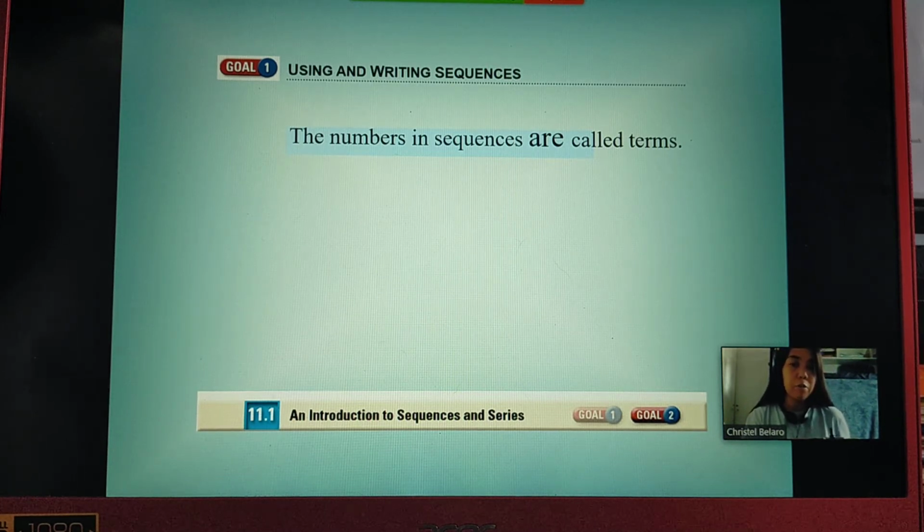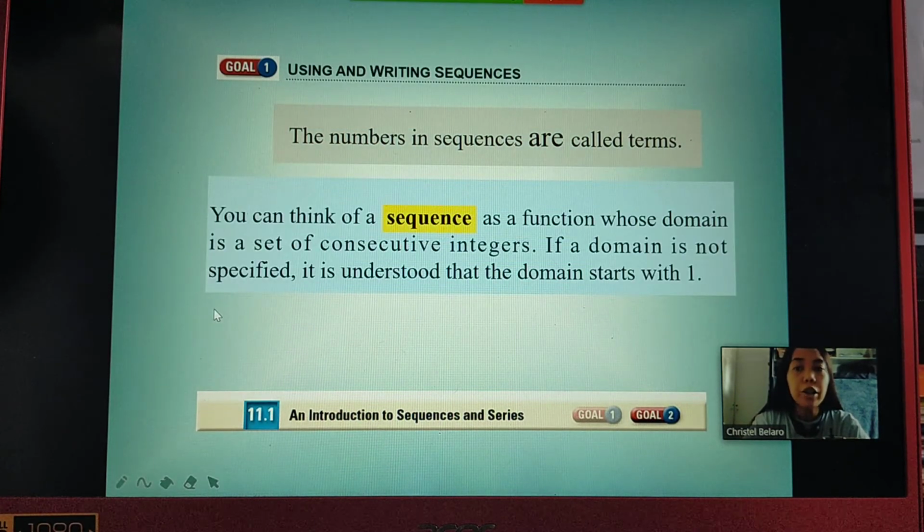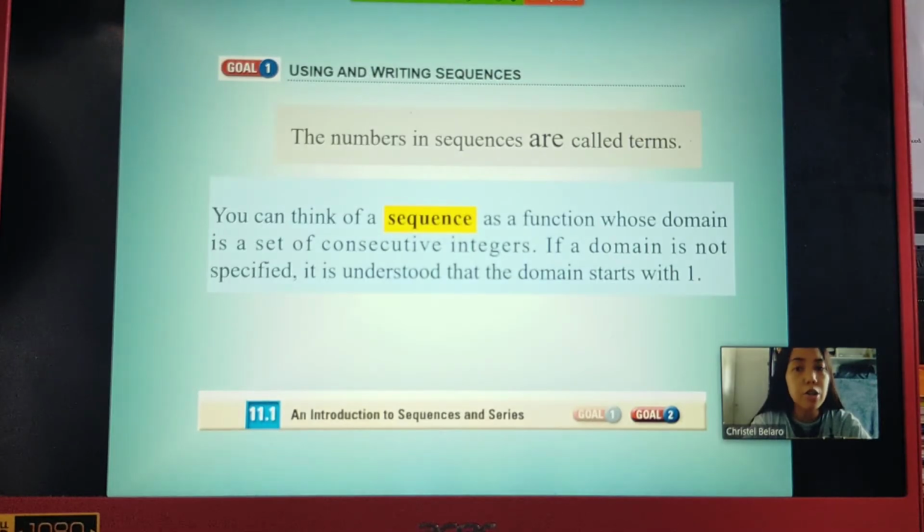Yes, that's correct. For number 2, we have the sequence 0 and 7. We call them terms. You can think of a sequence as a function whose domain is a set of consecutive integers. If a domain is not specified, it is understood that the domain starts with 1, like in our pretest. We start with 1. We let n be the set of counting numbers or natural numbers. We start with n is 1, n is 2, and so on and so forth.